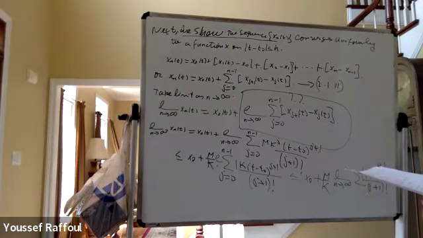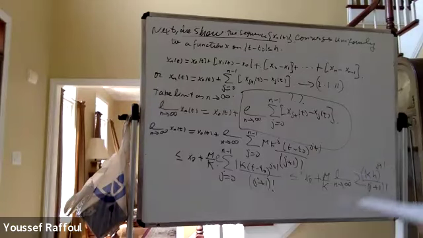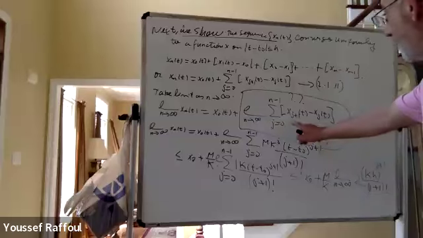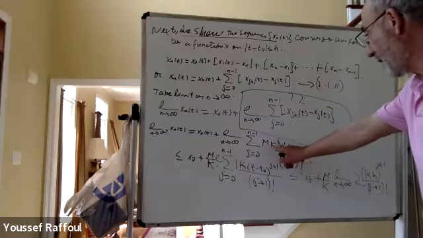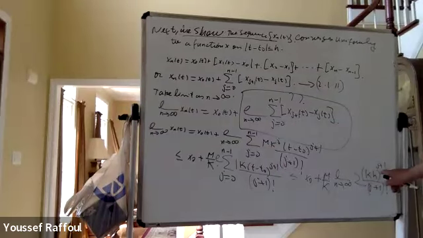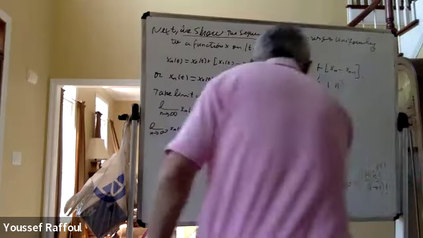So basically, what I did is, you see, I have k to power j, but I wanted j plus 1, so I divided by k. Guess what that is?